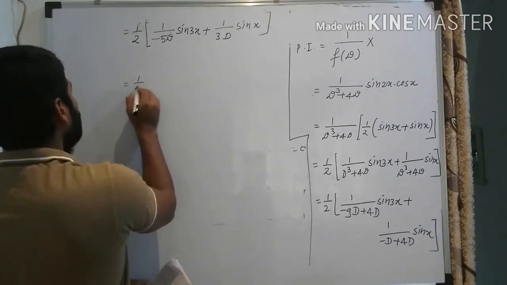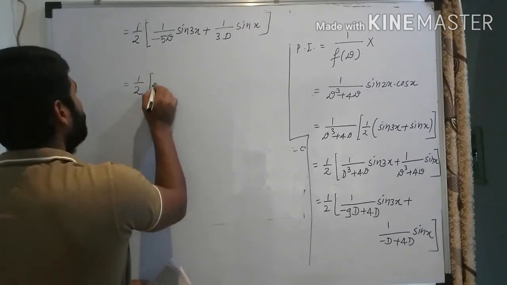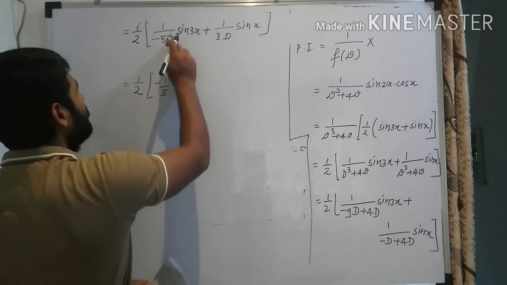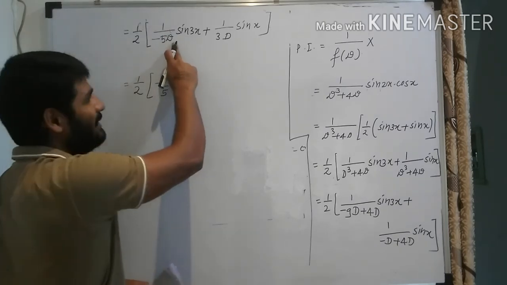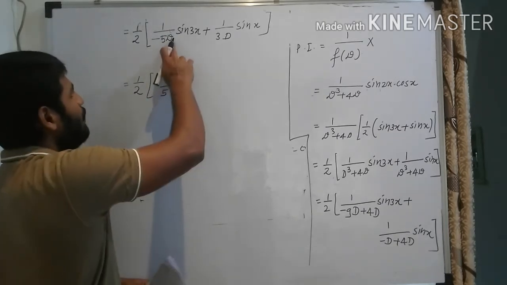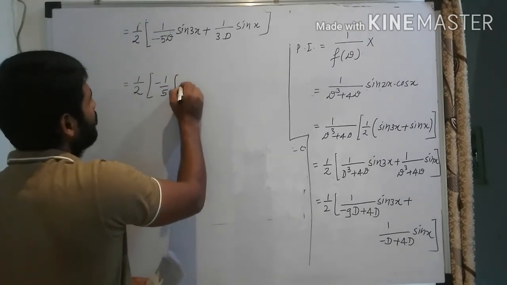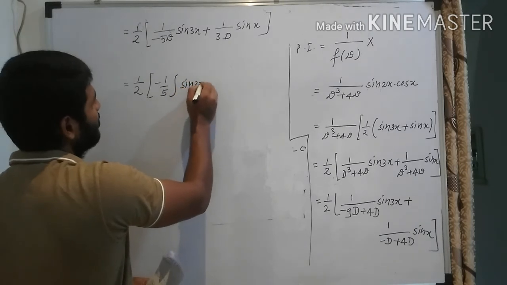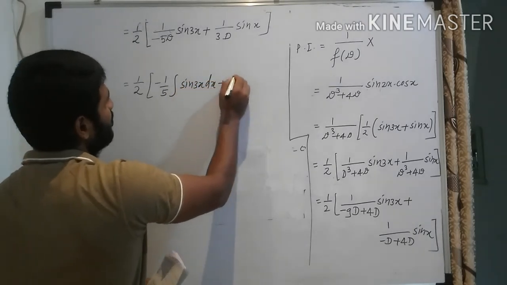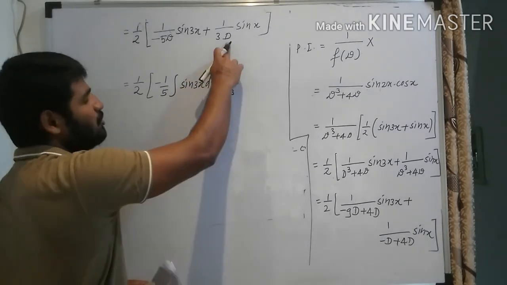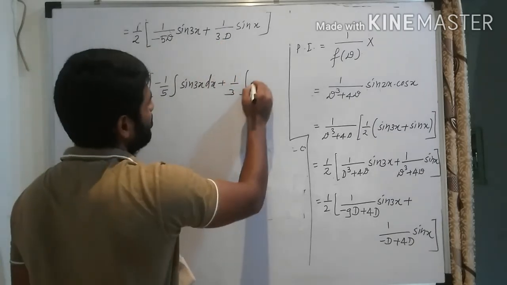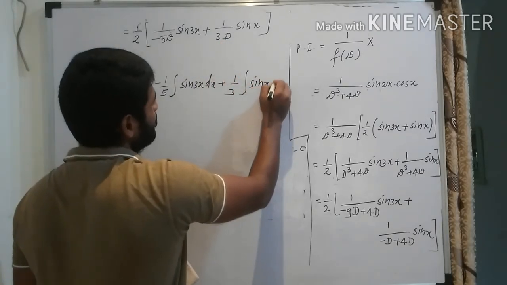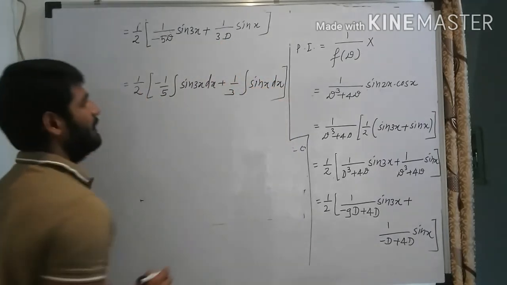Now here 1 upon 2 as it is, in bracket minus 1 upon 5 as it is. This 1 upon D means what? Integral. In the last column we have to see this. 1 upon D means integral of sin 3x with respect to x, plus here 1 upon 3 as it is, and this 1 upon D means integral of sin x with respect to x. Bracket close.